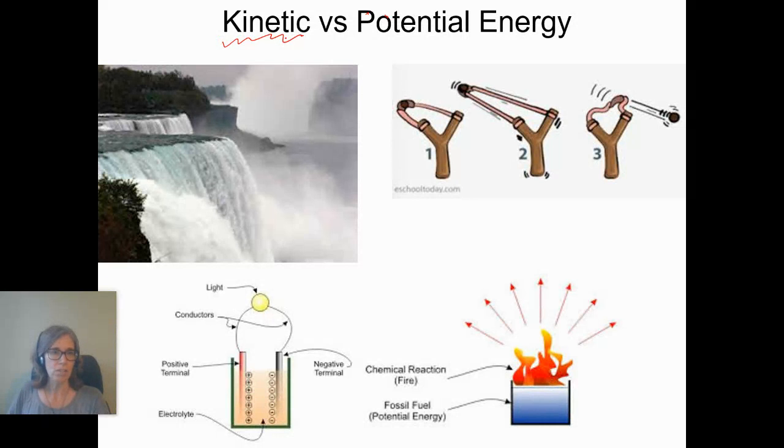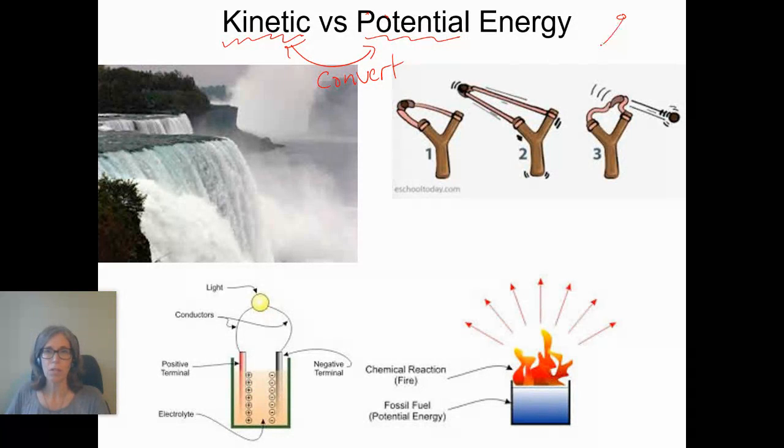So kinetic energy is energy of motion, and potential energy is energy that is based on where it is gravitationally or elastic energy, but it's some energy that could be used. And the thing I want you to know is that you can convert back and forth between these. Like if you're a kid swinging on a swing, you keep going back and forth.